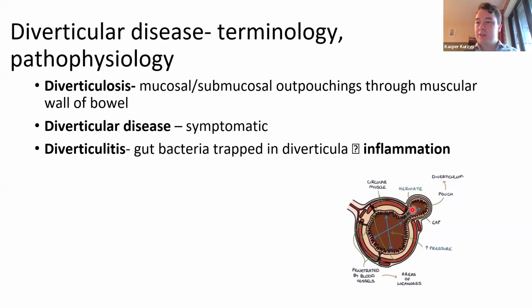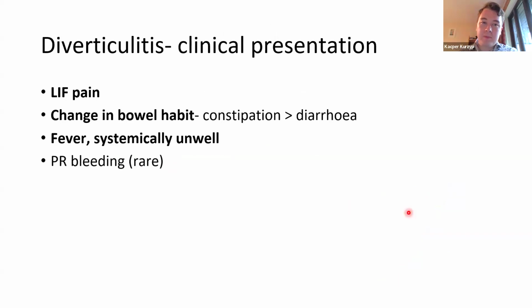Now, diverticular disease is where it's symptomatic. Patients will present with abdominal pain in that area, and diverticulitis is the dangerous one. This is where we have gut bacteria trapped in the diverticula. Again, potentially a bit of fecal material blocking the tract, and this leads to inflammation.